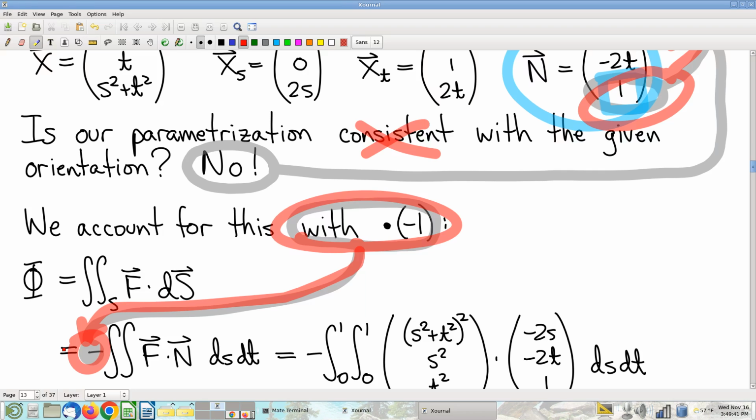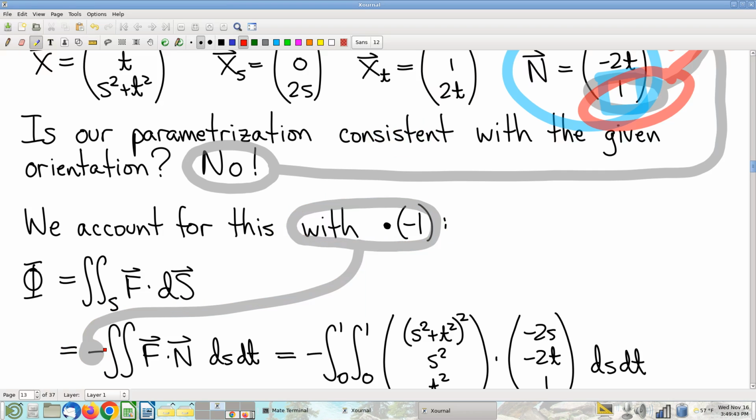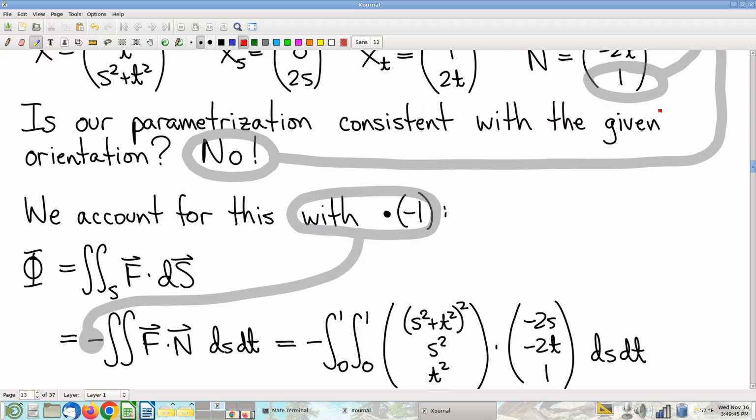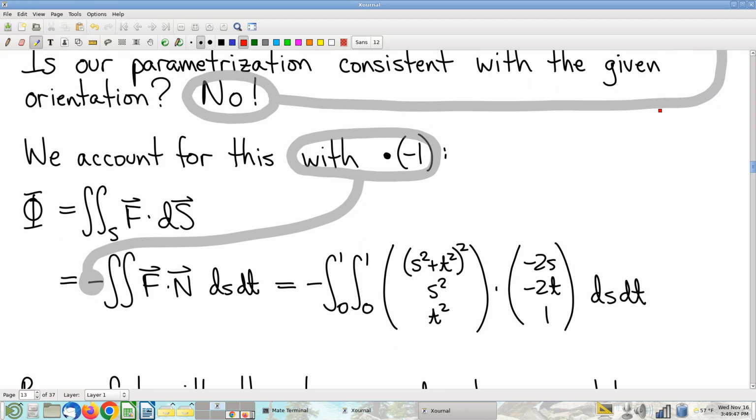Okay, now a couple of little details I've got to talk through here. You do have to be careful where you pop in the minus sign. That does matter. You can't just say, I parameterized backwards, so I'm going to put minus signs all over the place. That's no fair. Let me explain why. You've been asked to compute a flux.